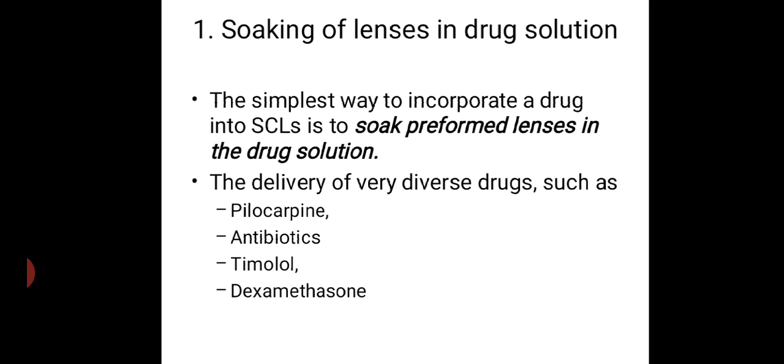So soaking of the lens is the simplest way of producing drug-loaded soft contact lenses. These soft contact lenses can be soaked in the preferred drug solution. Slowly the drug molecules may permeate and attach into the contact lenses. Finally, the contact lens becomes a depot of the drug molecule.